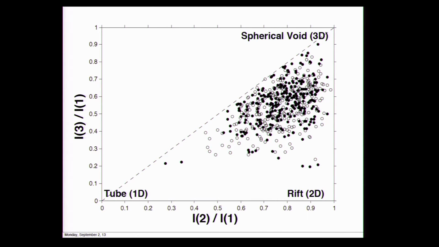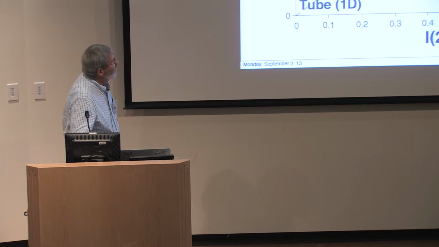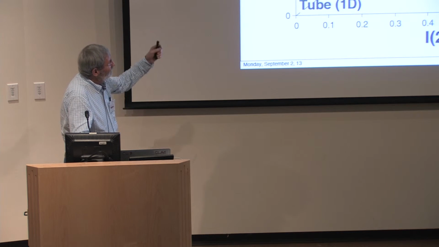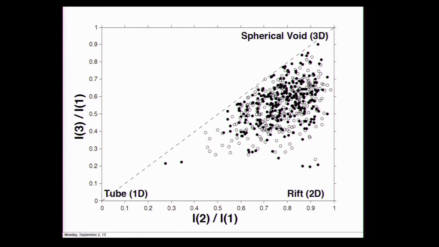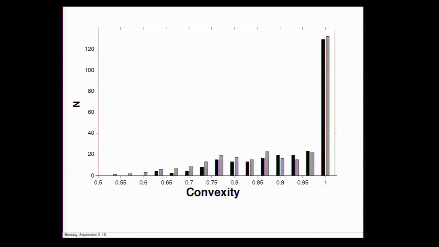So you see that there's a distribution of shapes with a concentration in both the actual universe and the Millennium simulation, sort of clustering around spheres, not quite spherical, but somewhat spherical. Another property of the shapes is convexity, which is easy to define.